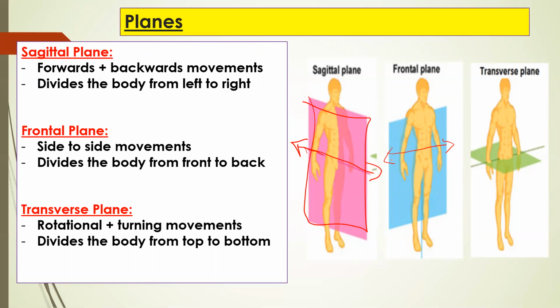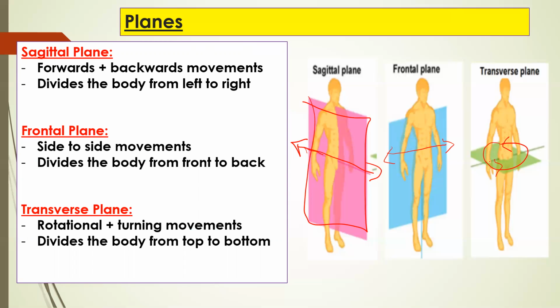And then finally, the transverse plane, a bit of a tricky one to show the movement here. If you could only move through that plane, you'd only be able to rotate or turn around. Okay, and that divides the body from top to bottom. So you've got forwards and backwards, sideways, and sort of rotational type movement.